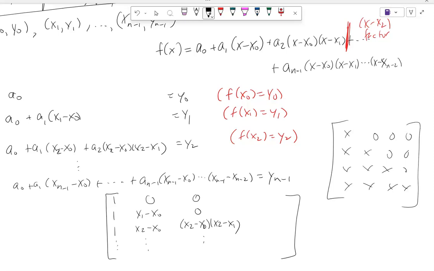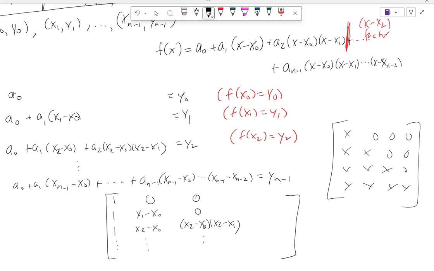Sorry, lower triangulars are zero above the diagonal. Upper triangulars are zero below the diagonal. Diagonal would mean what? Yeah, zeros above and below the diagonal, right? A diagonal matrix is just non-zeros down the diagonal, right? Diagonal matrices are both upper and lower triangular at the same time.